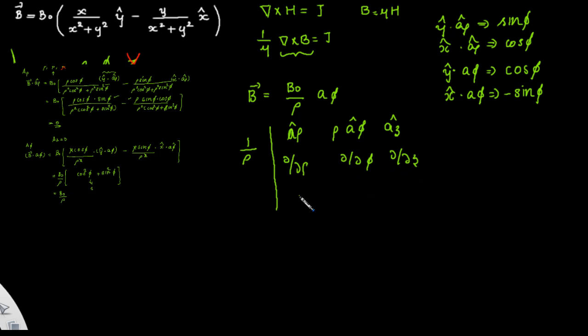Here we have the rho component as 0. We have rho into the a phi component, that is B naught by rho, and the z component is 0. So we can cancel rho and rho, and we are left with B naught.